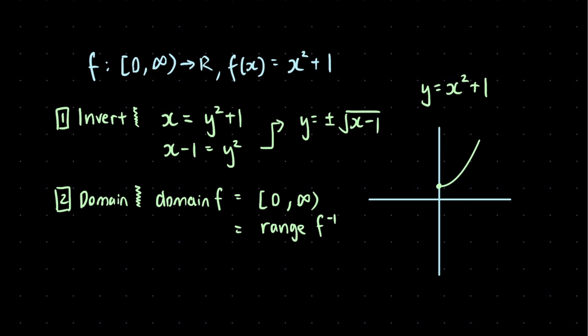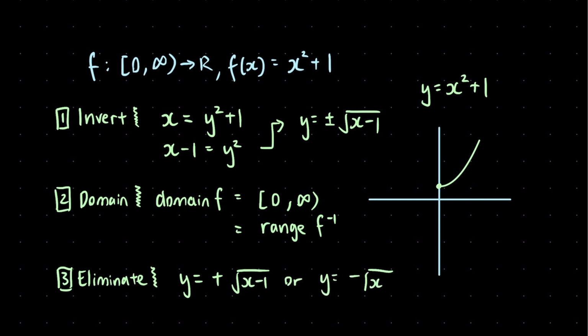Using this, moving on to step 3, if we look at both equations, one is y is equal to positive root x minus 1, and the other solution is y is equal to negative root x minus 1. And we know out of these potential inverse functions, only one exists, and that one must have a range of 0 to infinity, because we've specified that up here.